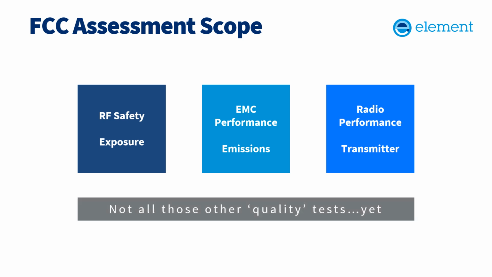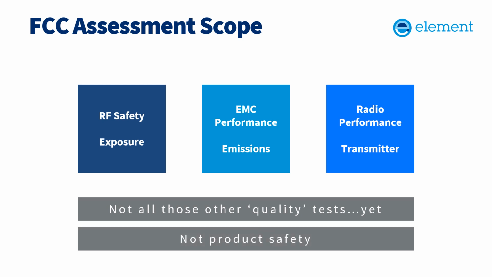What we don't do for North America, though, are what are defined really, I guess, as quality tests. So this is more about the receiver side and how selective they are at ignoring intentional transmissions which are not intended for it. So there are no receiver tests currently required for FCC approval.